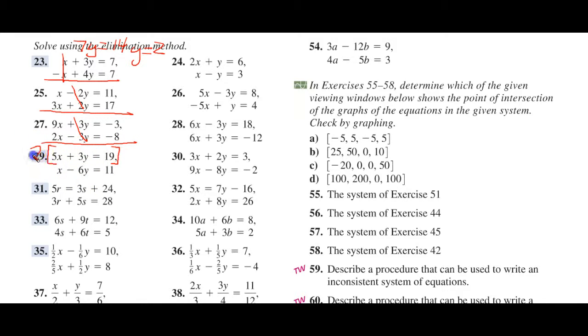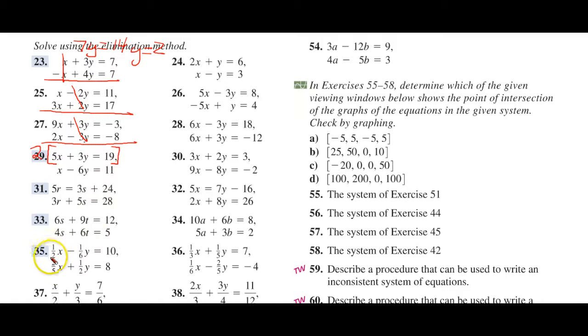The answer is 2. So these cancel out. And again, you'd have to put this in standard form. And notice you'd have to multiply 1 by something and 1 by something else so that something would cancel out.